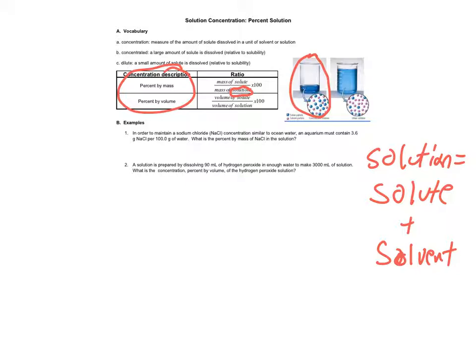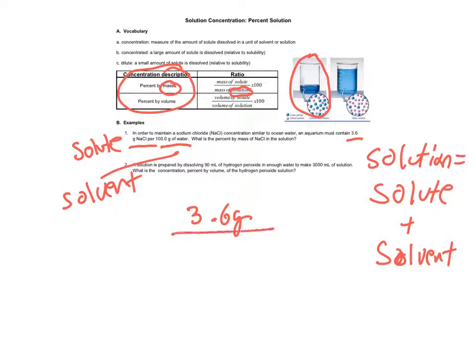So number 1, in order to maintain a sodium chloride concentration similar to ocean water, an aquarium must contain 3.6 grams of NaCl, that is my solute, and it is represented by mass, in 100 grams of water. Water is my solvent. But remember that my equation is mass of solute, so that is 3.6 grams, over the mass of the entire solution.